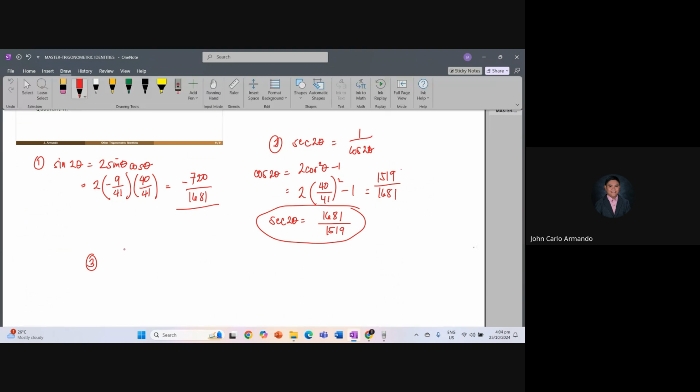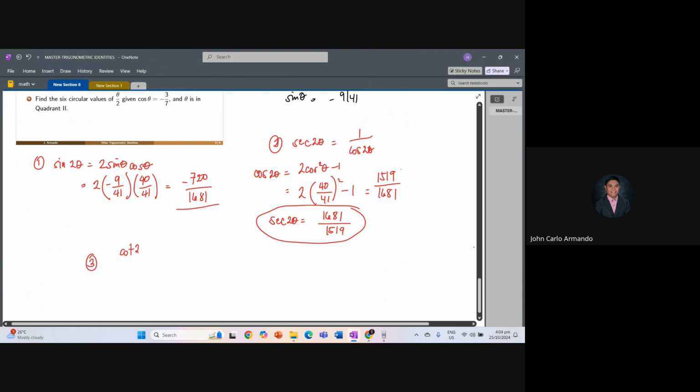Cot 2 theta by quotient identity is simply cos 2 theta divided by sin 2 theta. Diba yun yung value ng cotangent? And what is cos 2 theta? Yan o, 959 over 1681, divided by sin 2 theta, which is negative 720 over 1681.